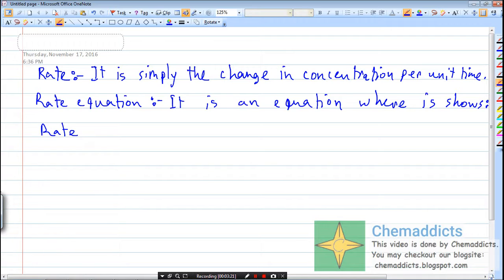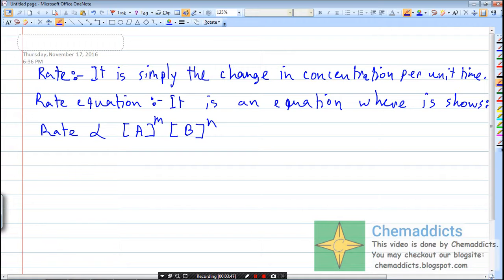So rate is directly proportional to the concentration of reactants A and B raised to some powers m and n. Okay, so this gives the relationship between the rate and the concentration of reactants.